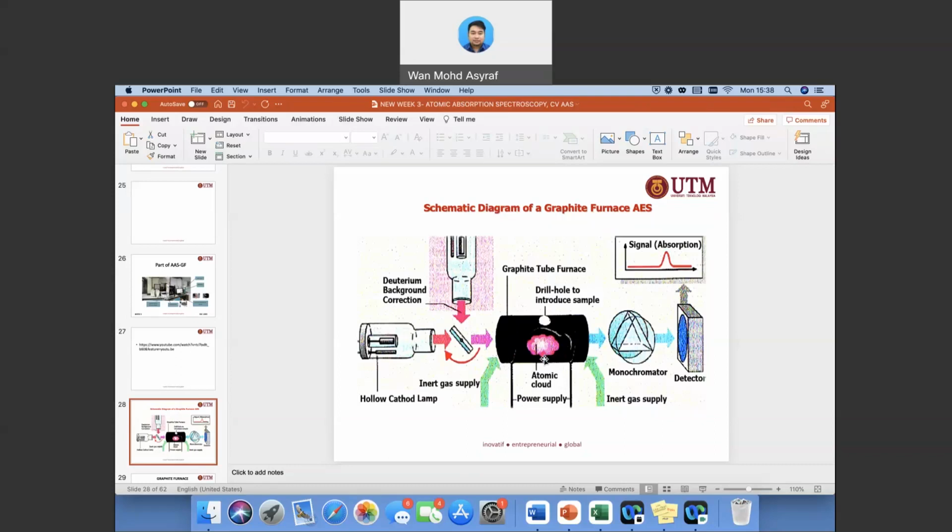You put your sample in, and all of the atomization, excitation, emission would happen in this graphite furnace, and the transmittance will be passed to the monochromator and detected.